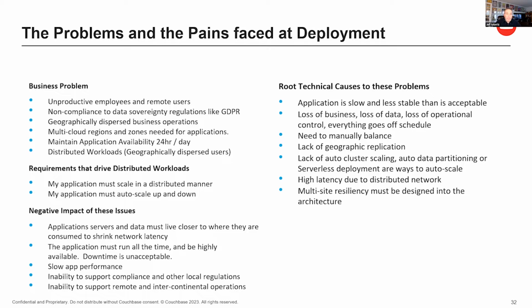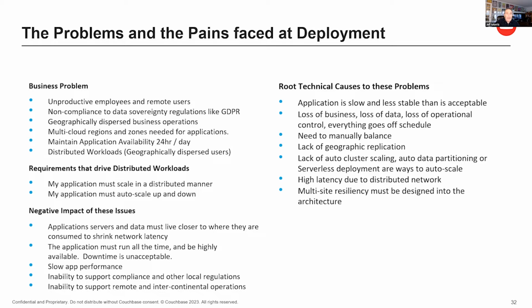In many cases, the root cause of all of this is a slow application, right? A lack of partitioning or data balancing, lack of high availability support, lack of cluster scaling if you're operating in that style of deployment.